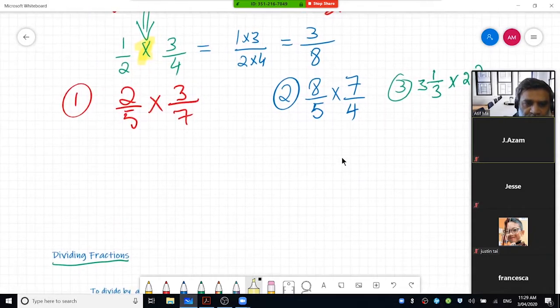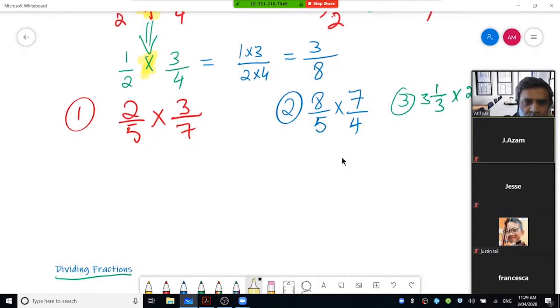So we have some questions which you will do. First of all, kindly do the first question, which is in red: 2 by 5 multiplied by 3 by 7. Kindly give the answer in your chat.